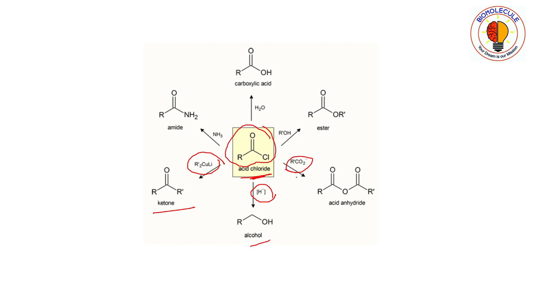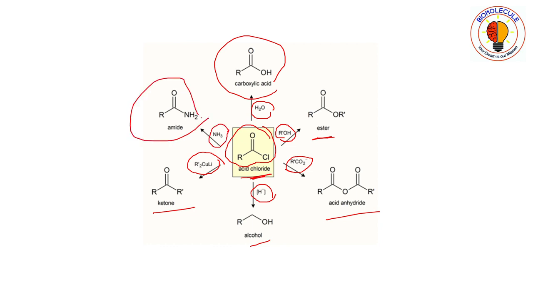Treating it with carboxylate, you will get acetic anhydride. If you treat it with alcohol, you will get ester. If you hydrolyze this one, you will get carboxylic acid, and if you treat it with ammonia, you will get amide. That is just the versatility of the acid chloride group.